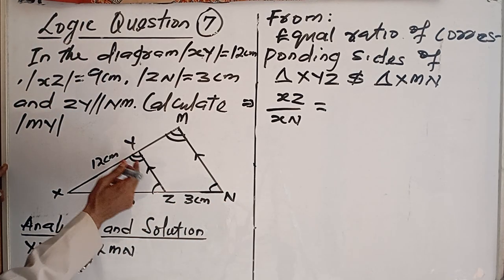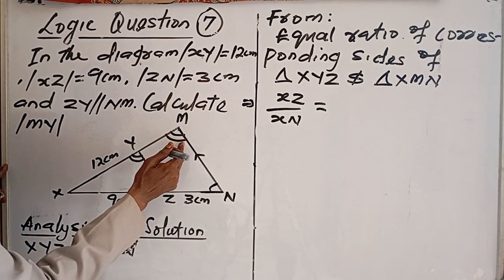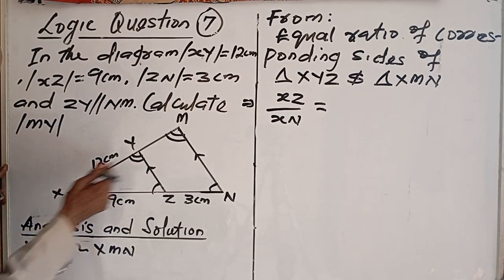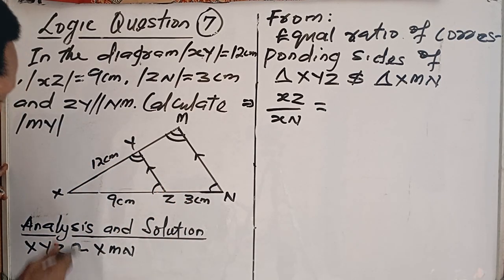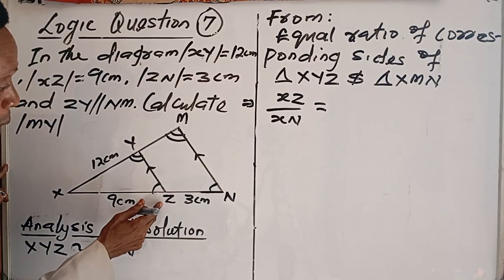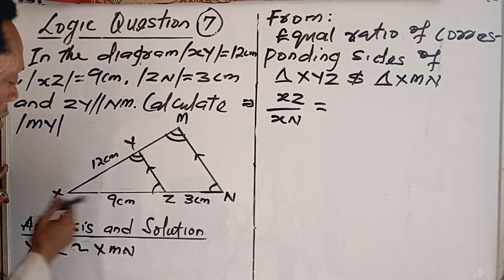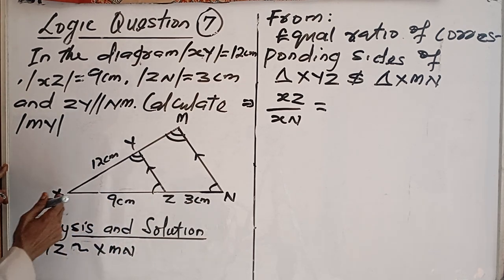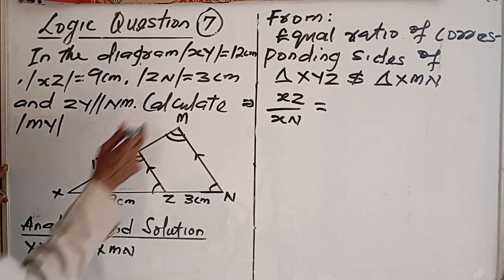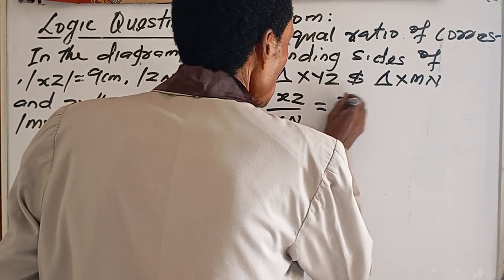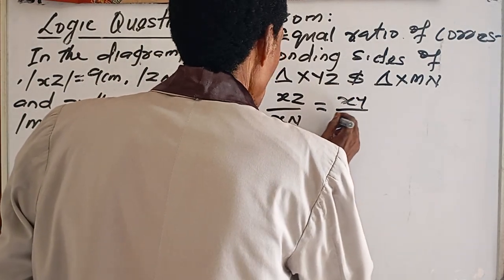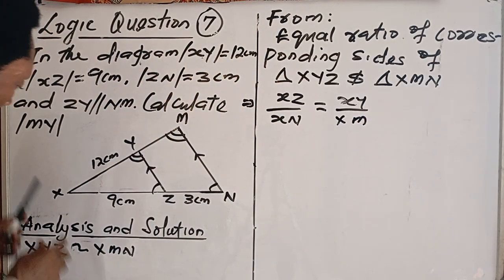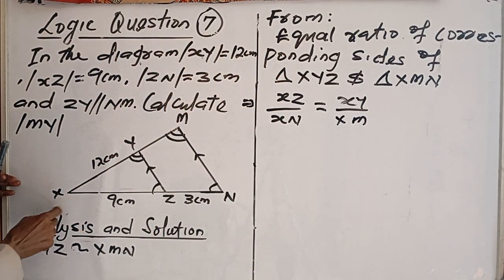You can see this triangle is similar to this, so the side facing this angle is similar to this. XZ over XN equals XY over XM.